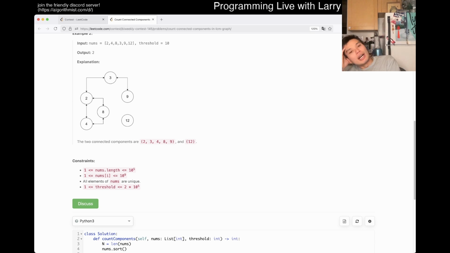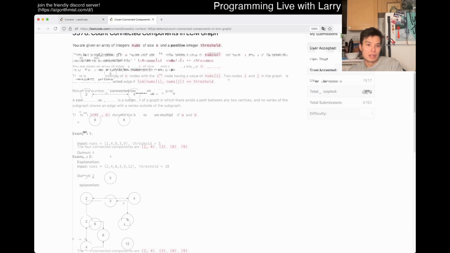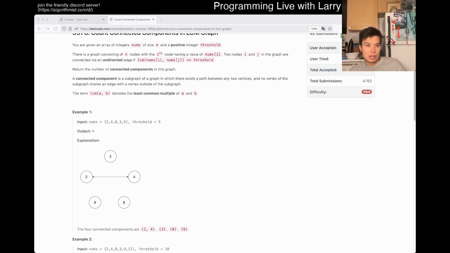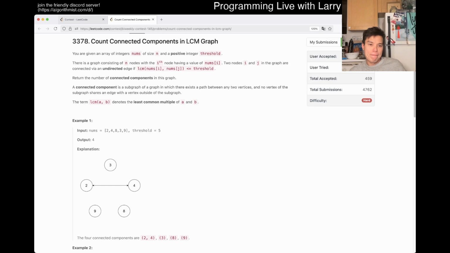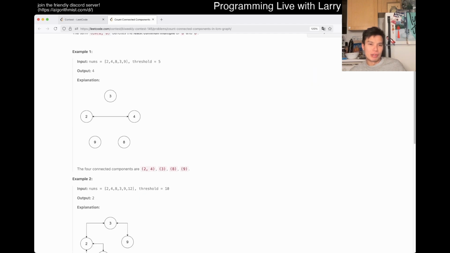What does LCM mean to me? What does LCM mean to me? I mean, there's like a minor filter with threshold and the numbers, but that doesn't even matter, right?